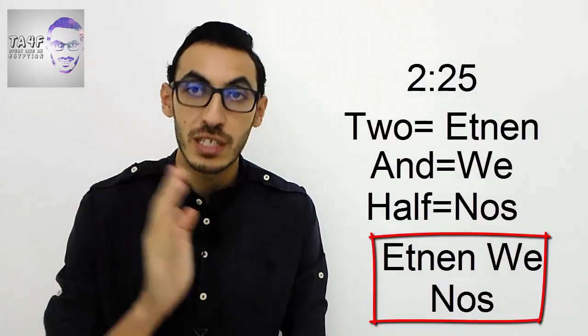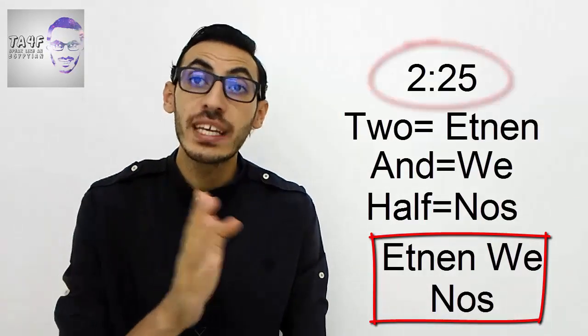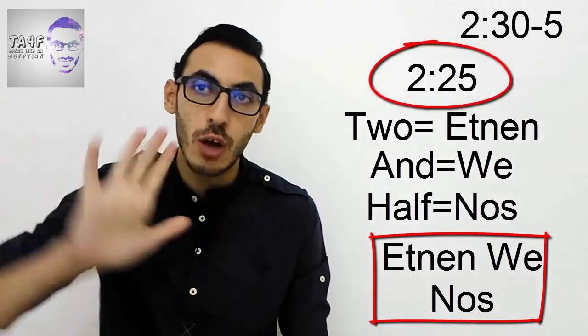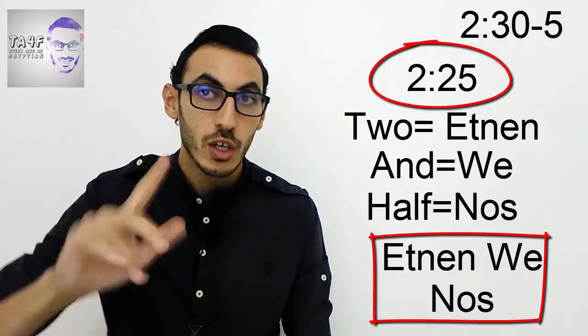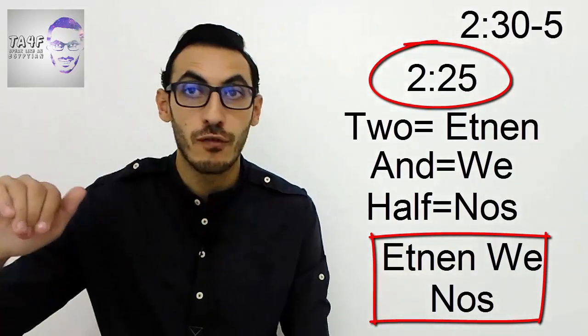What about 2 and 25 minutes? Okay, 2 and 25 minutes have, you know, a small tricky thing. We're gonna say 2 and a half, which is 2 ونص. Actually, it's 2 and a half exception of 5 minutes, right? 2:25, it's 2 and a half exception of 5 minutes.